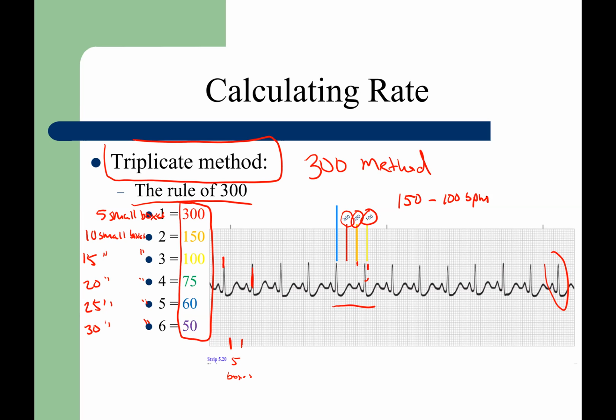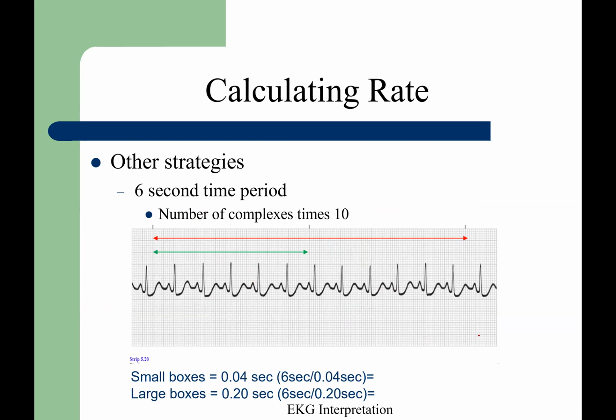Maybe I'll make a guess and say that the heart rate using the 300 method is 107 beats per minute. Okay, so that's how we use the 300 method.